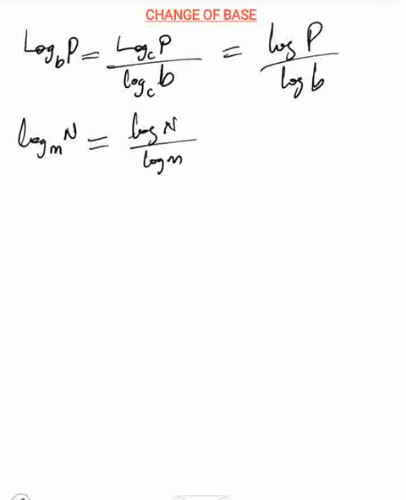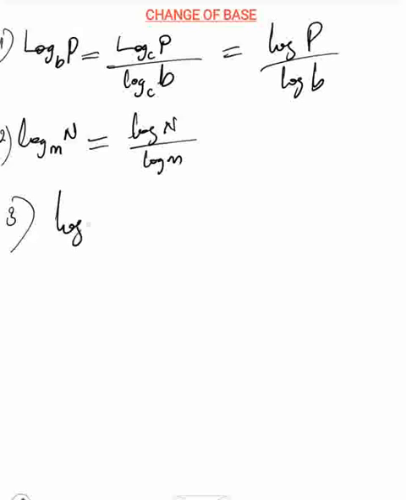You can put any base you want to insert, it is permitted. So we have log of n, number 1. Number 2, log of n to base m is equal to log of n over the log of m.